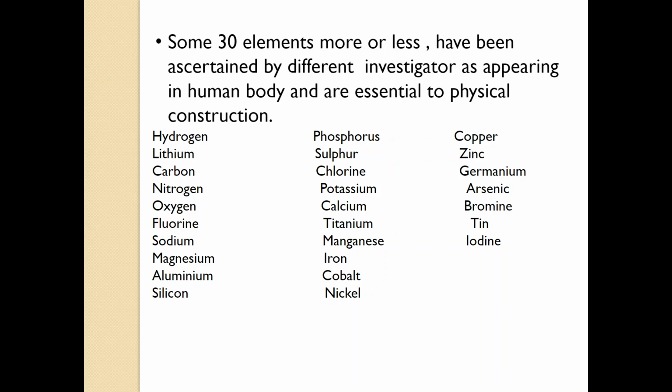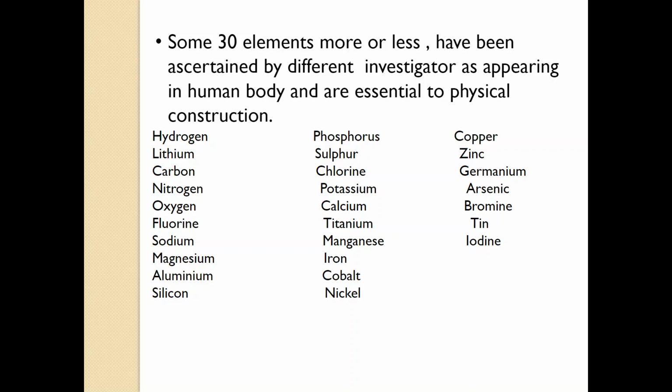But the 30 elements more or less have been ascertained by different investigators as appearing in the human body and are very much essential to the physical construction of the cells, tissues, organs.